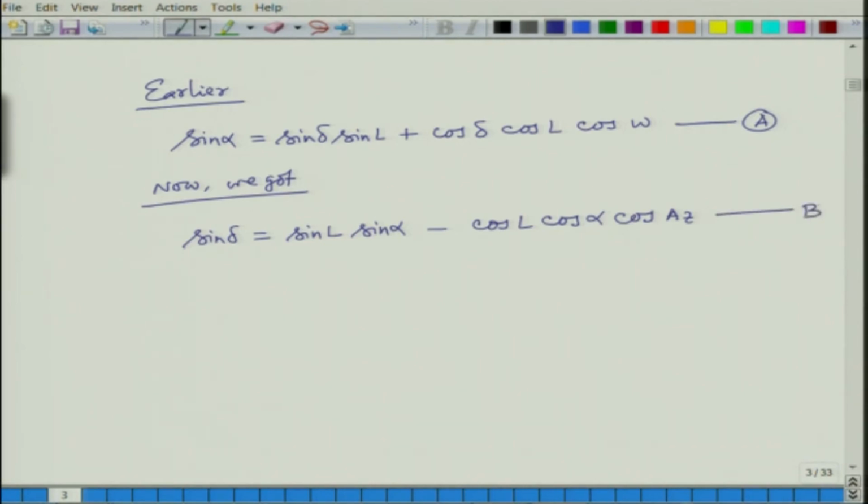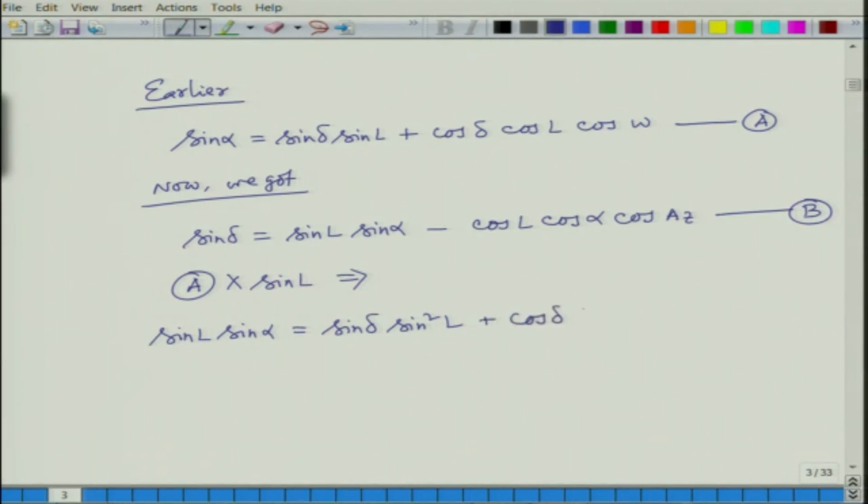Let me name this relationship B. Now, if you multiply A with sin L, that will give you sin L sin alpha equal to sin delta sin square L plus cos of declination, cos of latitude, sin of latitude and cos of hour angle.